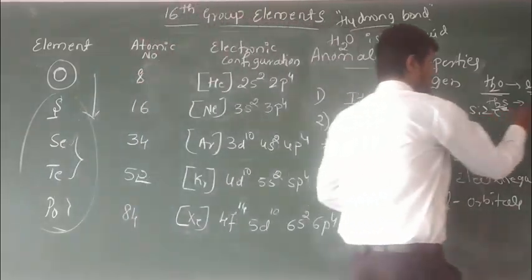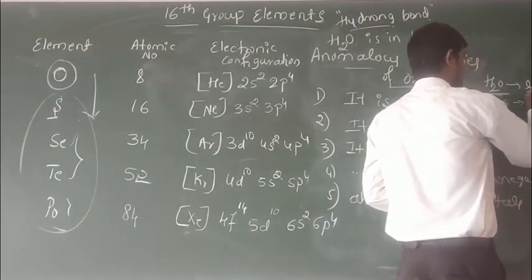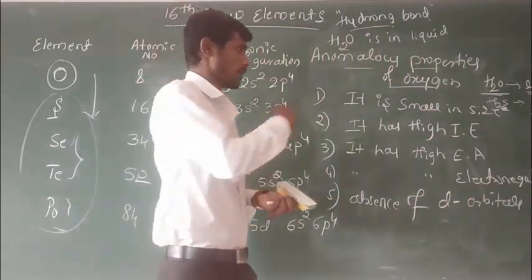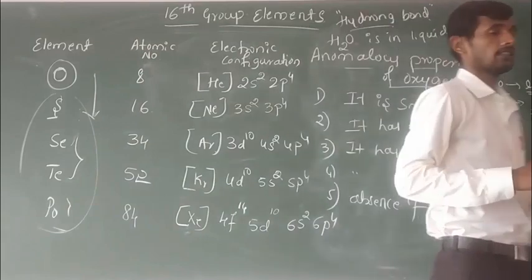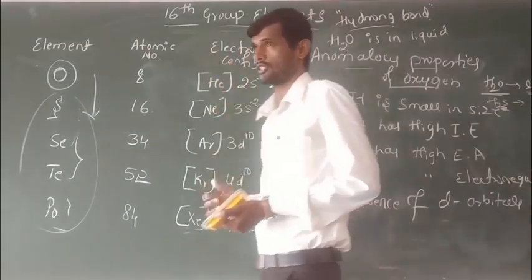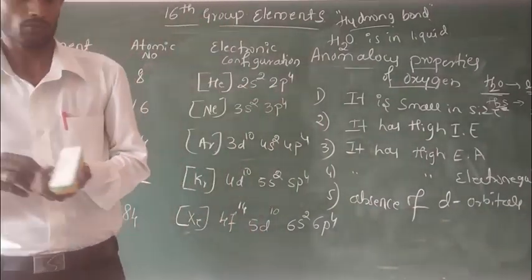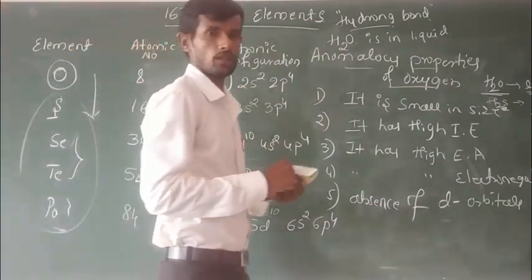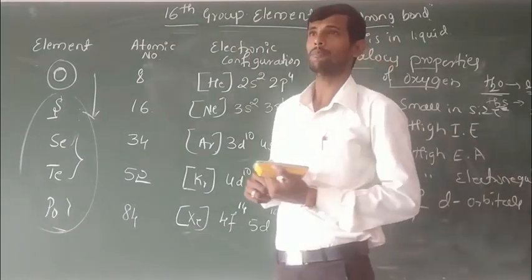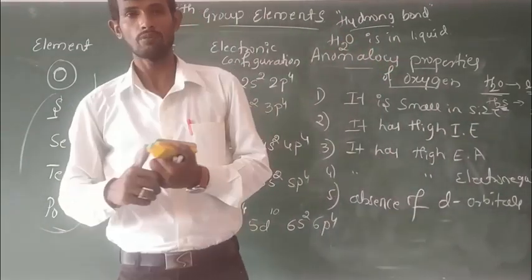Therefore, it exists in gaseous form, but water exists in liquid form. Yes, these are some anomalous properties of oxygen. Okay, students, in the next video we will discuss the chemical properties of the group 16 elements.